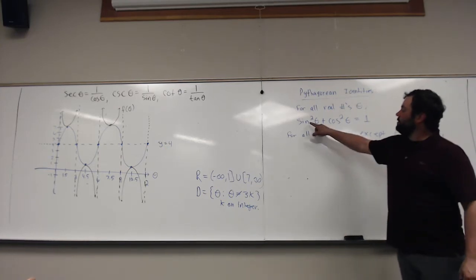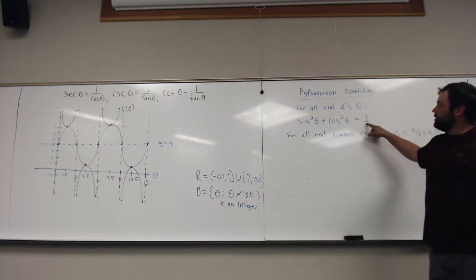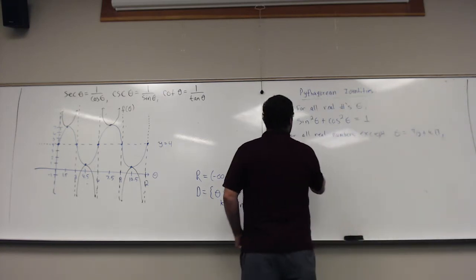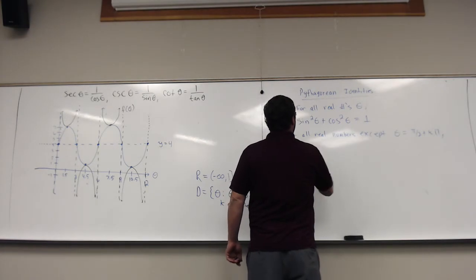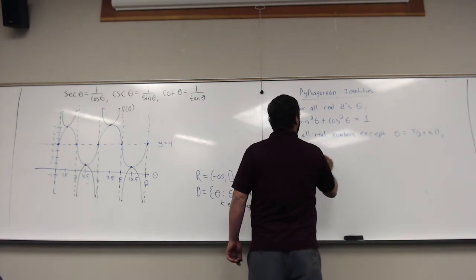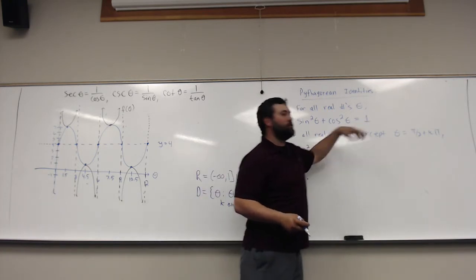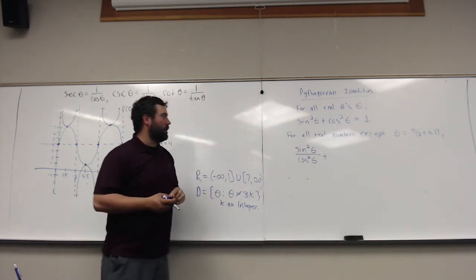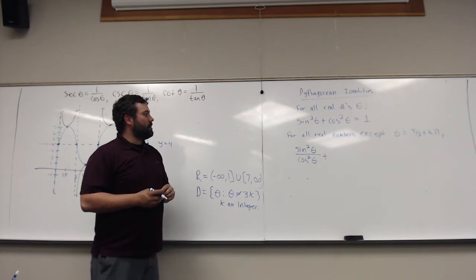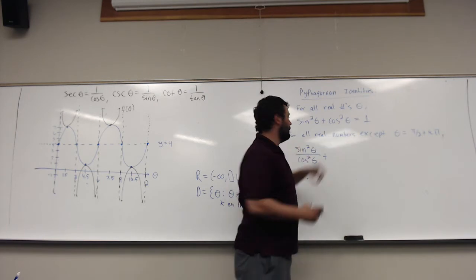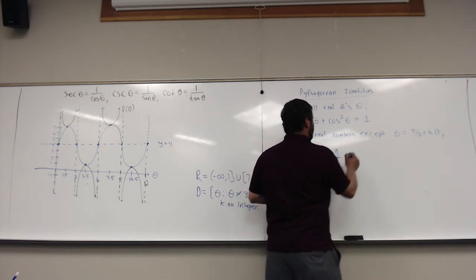If I divide all of these three terms by cosine squared, so first I'm going to divide both sides by cosine squared. So the first term, sine squared over cosine squared. If you divide cosine squared by cosine squared, you get positive 1.